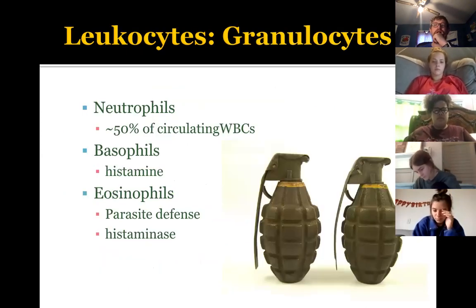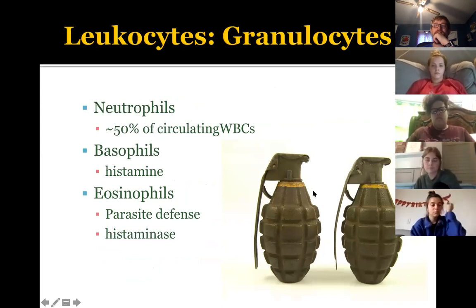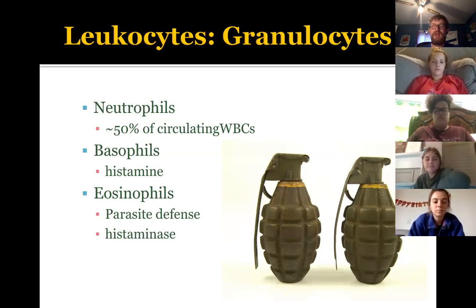All right. So for the granulocytes, I have a little bit of grenades here to show that A, they're powerful, and B, sometimes associated with these cells, there's a little bit of collateral damage. They're kind of that first responder once your defenses, the skin and the mucosal membrane, have been breached.